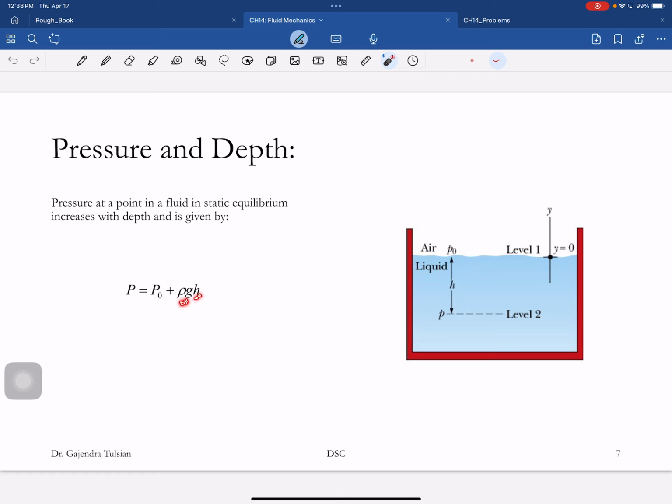If you go to a depth of 10 meters, the pressure will be 2 atmospheres. So if you go to a depth of 33 feet, the pressure underneath is 2 atmospheres. If you go to 66 feet, what will be the pressure?